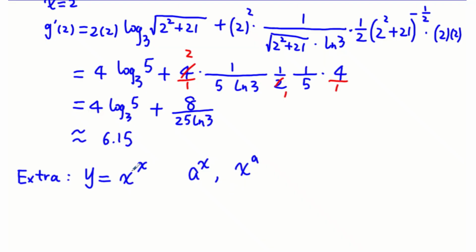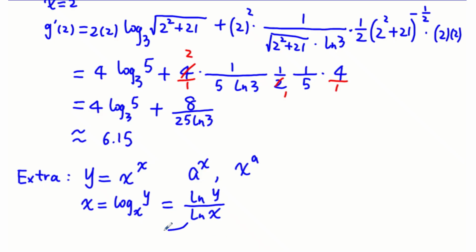Both are variables. We don't know how to solve this one. So how can we do it? We could change it to the logarithmic form. So the exponent equals log, then we write this one with the same base, ln y equals x ln x.